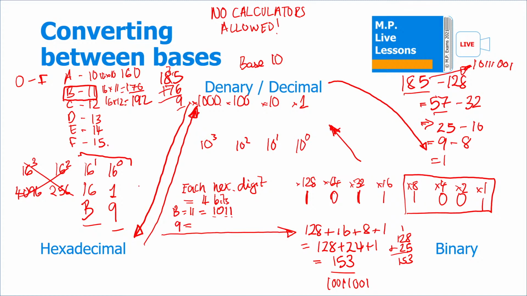And 9 is just a normal number. And we can convert this into binary, which is 1, 0, 0, 1. Now what we do is we just put these together. So B9 in binary is 1011 1001.